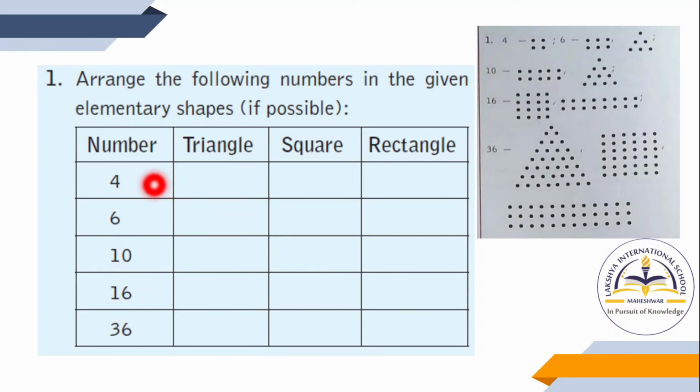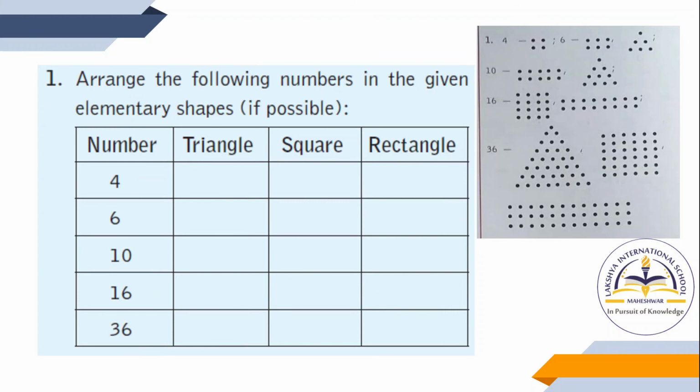With 4 we cannot represent a triangle, we cannot represent a rectangle, we can only represent a square. For 4 we can make only a square, we can't make a triangle, because you can see we can make the triangle with the help of 3.